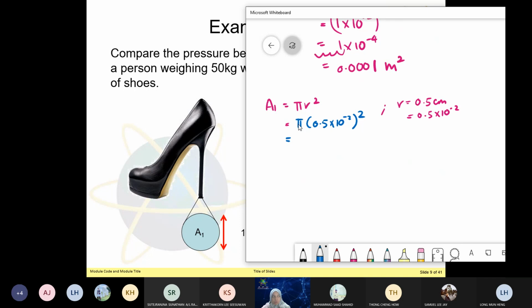For the exam, you must have steps. For example, for 2 marks, 1 mark here, 1 mark at the last. So to the power of 2.